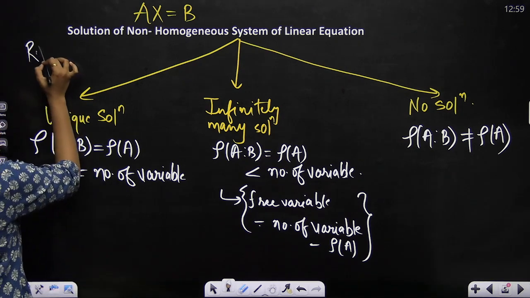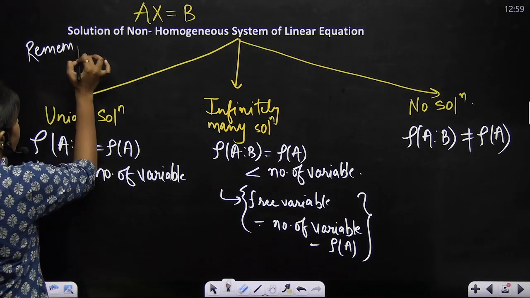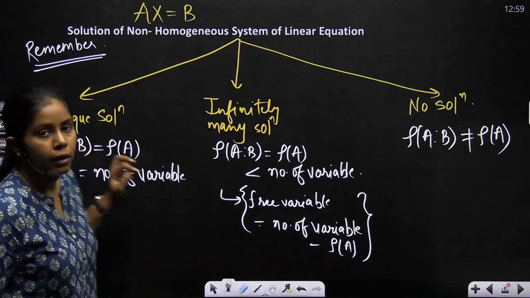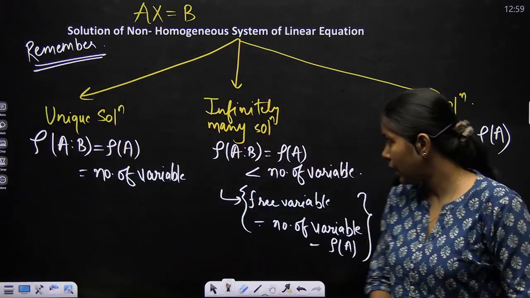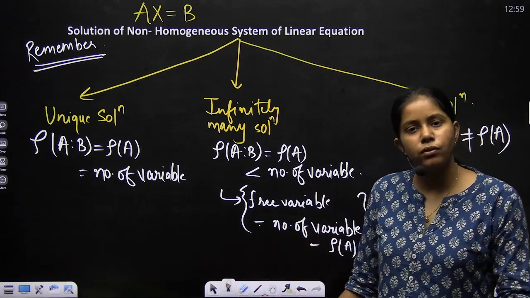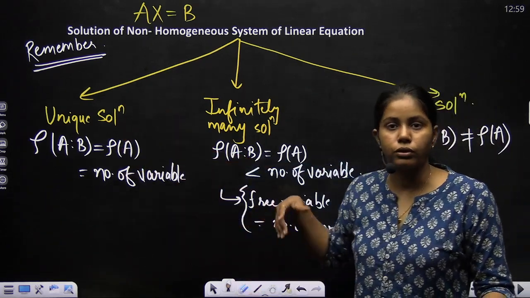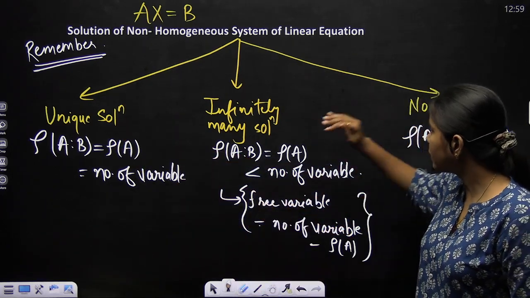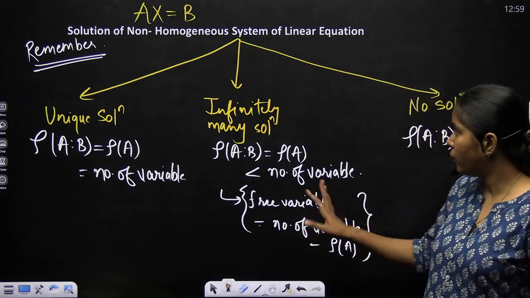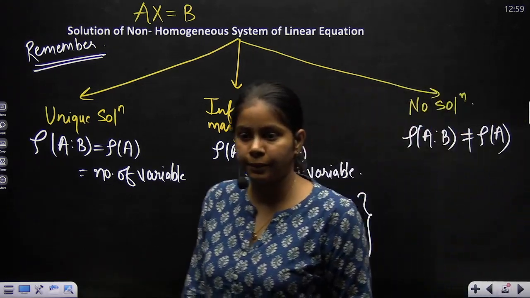You can either take a screenshot or I'll share a file as well. You should remember that this rule would be helpful for later questions. And this free variable thing, because in today's lecture we have solved 2 questions based on unique solution, but we are coming to all the different types of solutions in the next class. So we are going to solve more questions based on that.